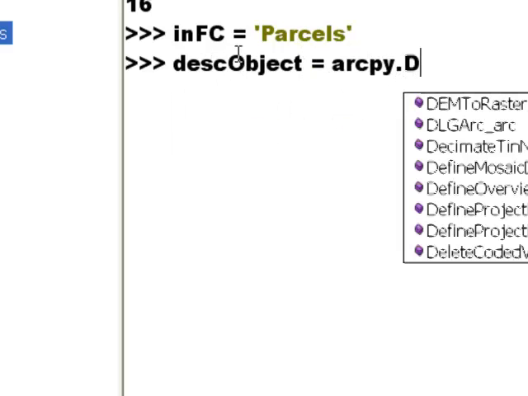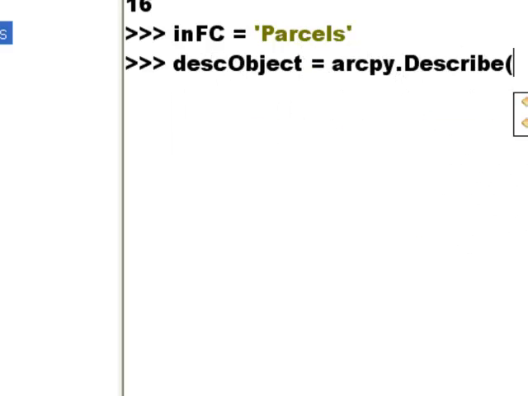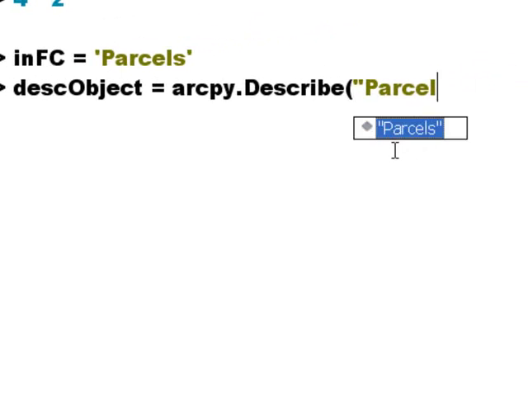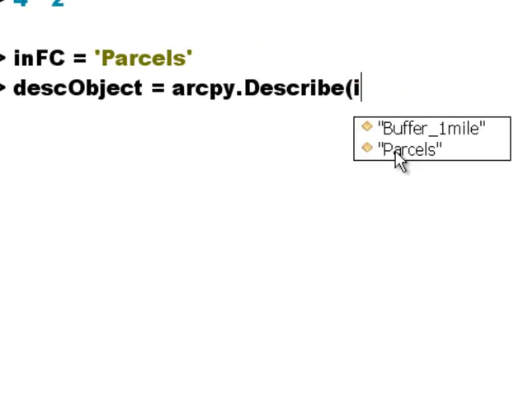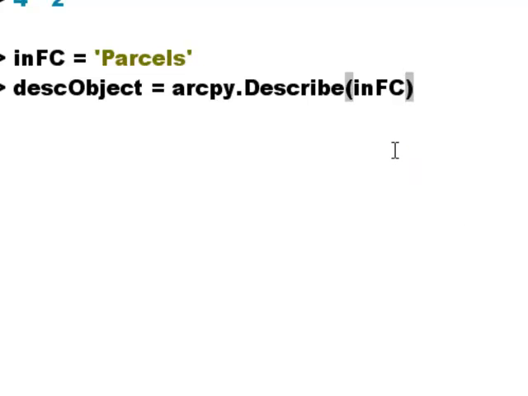That's arcpy.Describe, describe my parcels, or my input feature class. Either way would be fine. One of the properties of a describe object is a spatial reference.